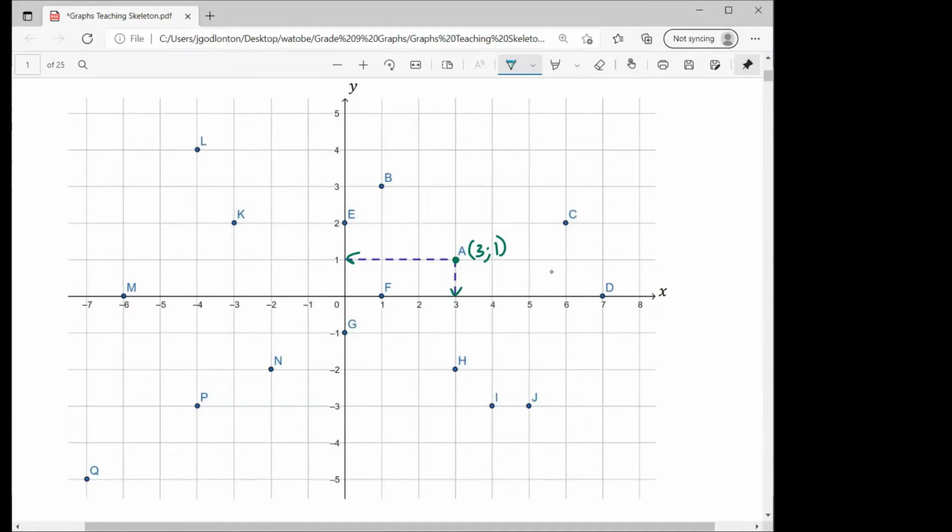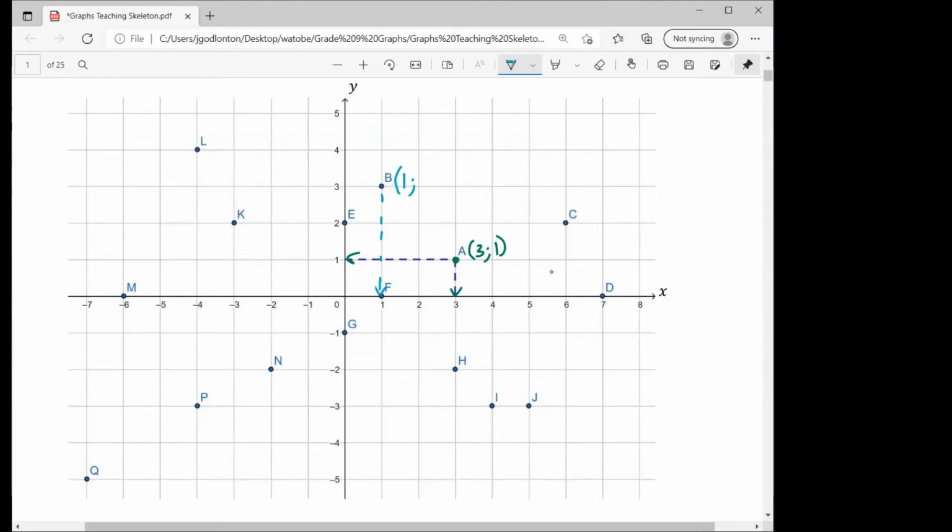And when we have a Cartesian plane, we always have two axes. We have this y-axis over here, and then we have the horizontal x-axis. When we have to give coordinates of a point on a plane, we always give our x value first, and then we give our y value. So if I look at B over here, I would first look at my x value, and my x value is 1.